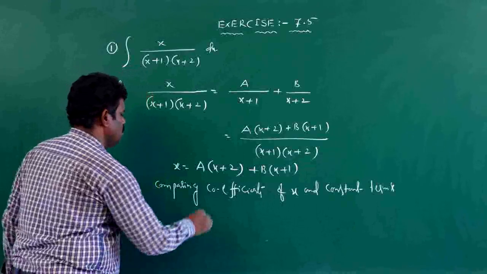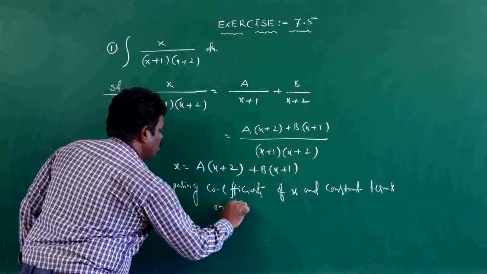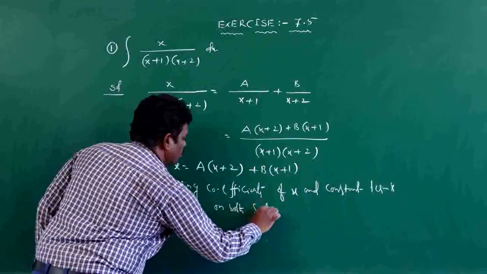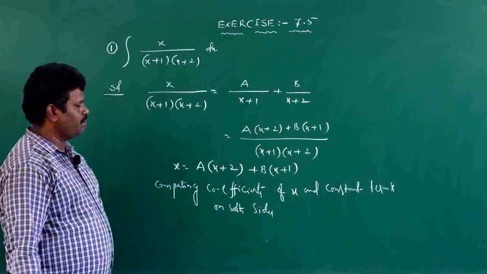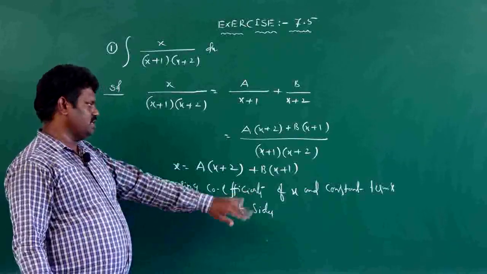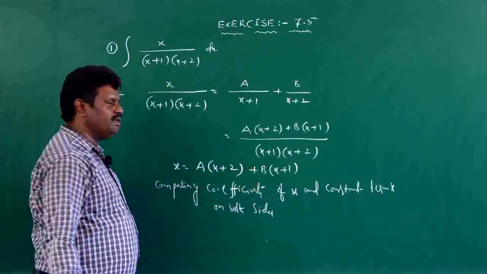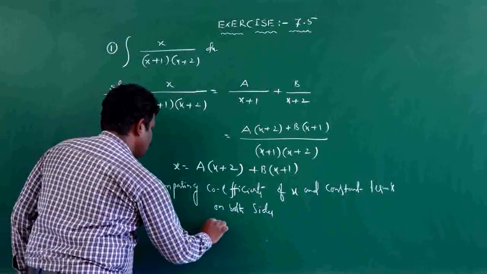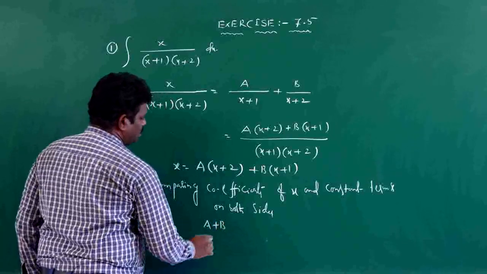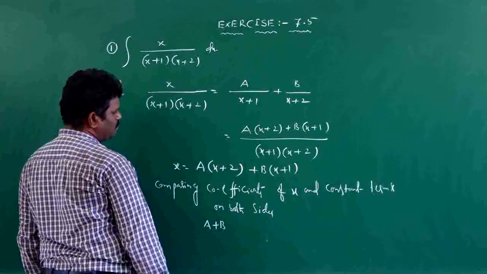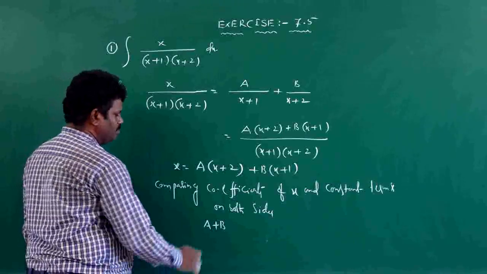See, here the coefficient of x is a, here the coefficient of x is b. So a plus b is equal to 1.